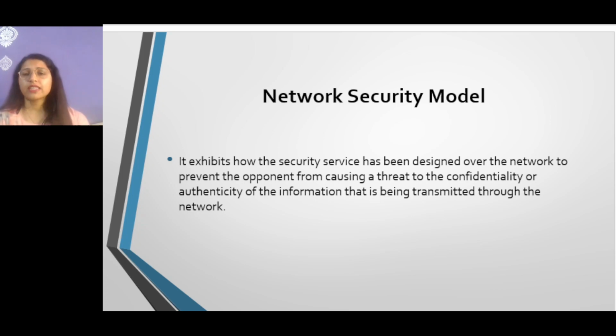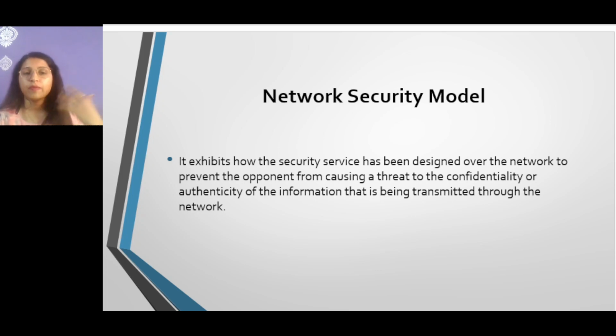So whenever data is sent from one sender to the receiver, some kind of logical channel is established. That logical channel defines the route through the network from source to destination. And whenever it is passed across the network, the intruders or the opponent come into action. In such a case, you need to protect your data through the transmission.